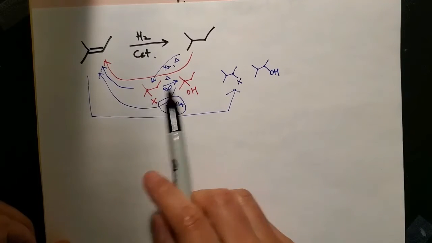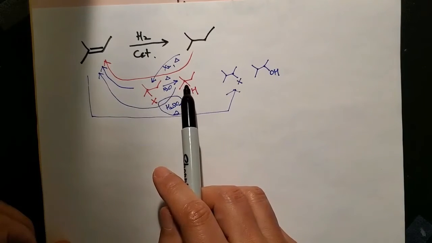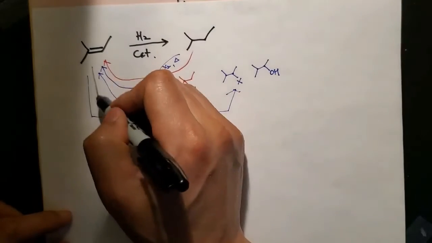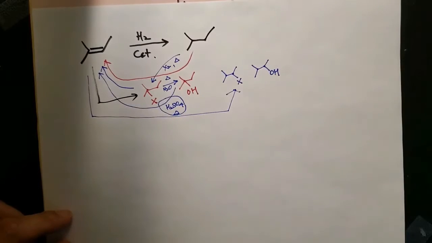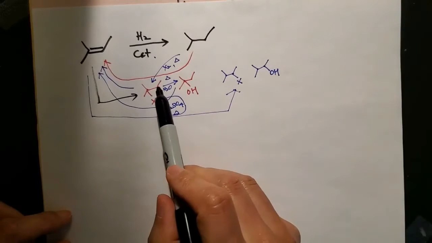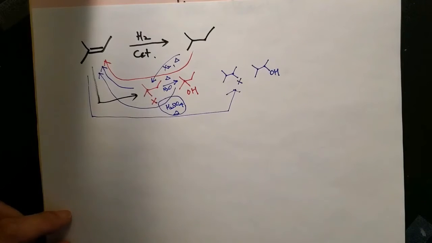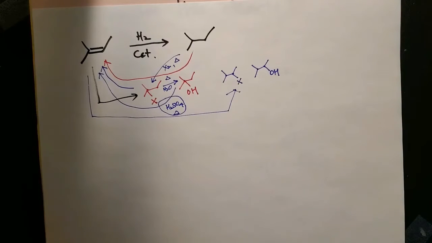Same over here. And here for the Markovnikov reaction from this double bond, it's opposite now. This carbon is getting reduced, this carbon is getting oxidized. Same for this compound. So you should get used to keeping track of oxidation state in addition.